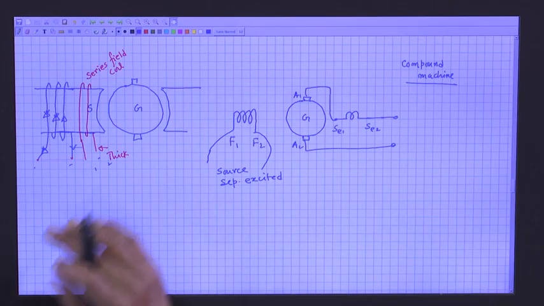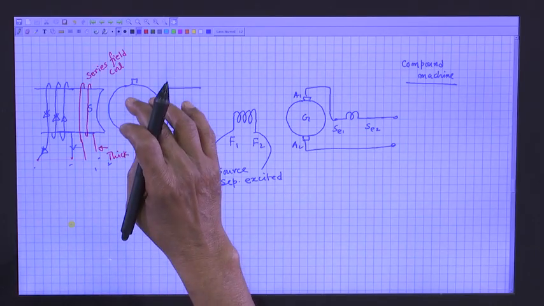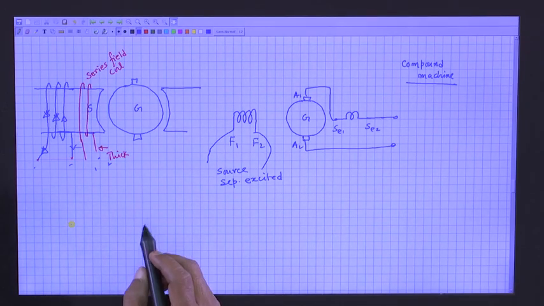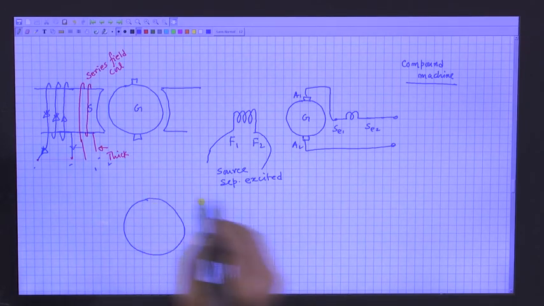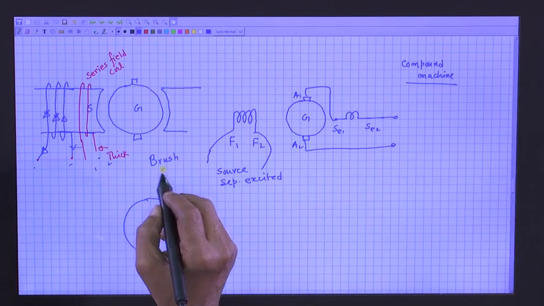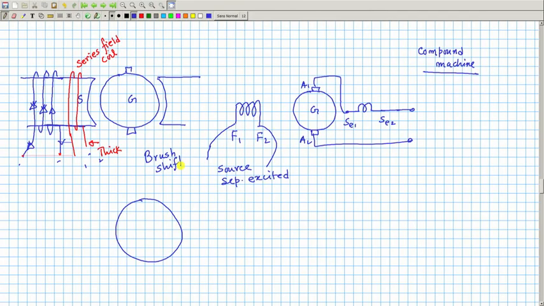which I have discussed at length, that sometimes brushes are shifted. For what? For improving commutation. When you do brush shift, it is done to improve commutation.